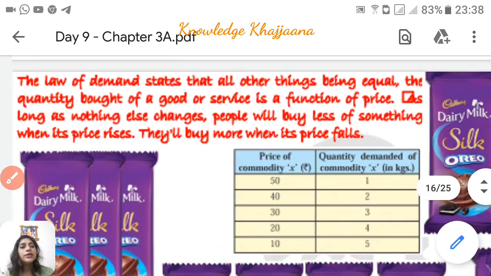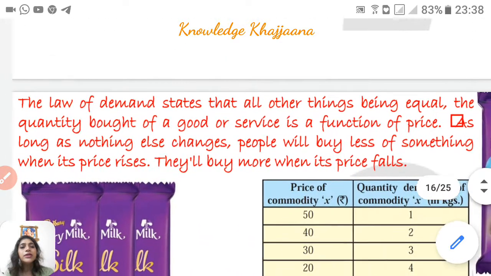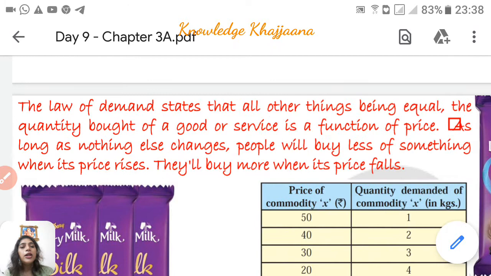So who stated this and what has been stated? The law of demand states that, all other things being equal, the quantity bought of a good or service is a function of its price. Quantity bought means the demand for a specific commodity is a function of its price.